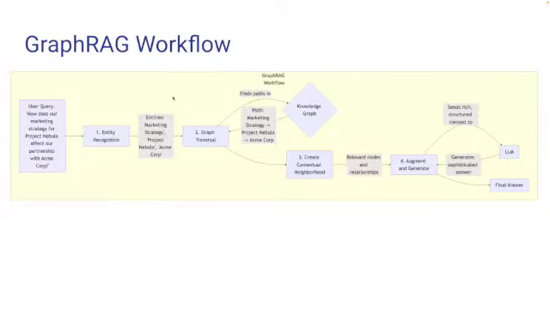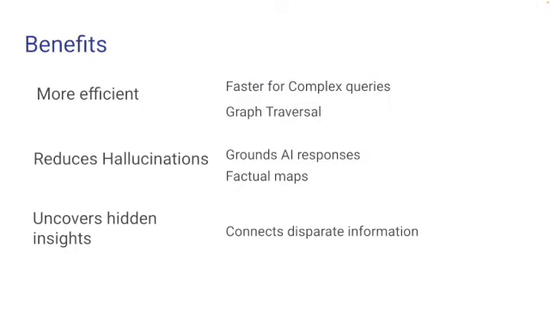Why is it so much better? First, it dramatically reduces hallucination. The context given to the LLM is not a jumble of text but a factual map, keeping the AI grounded in reality. Secondly, it uncovers hidden insights. It can answer questions about complex multi-step relationships that no single document ever explicitly states.